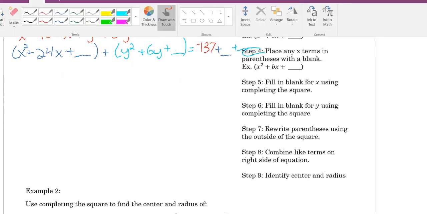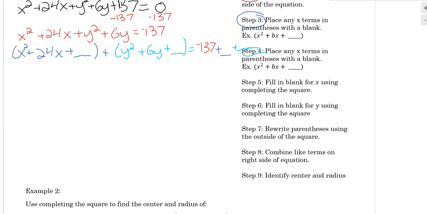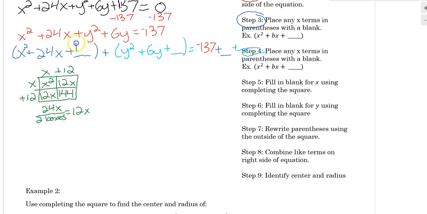Step 5, fill in the blank for x. So I had x squared, then I had 24x divided by the 2 boxes equals 12x. So 12x goes in this box and 12x goes in this box. X squared is x times x, x plus 12. 12 times 12 is 144.